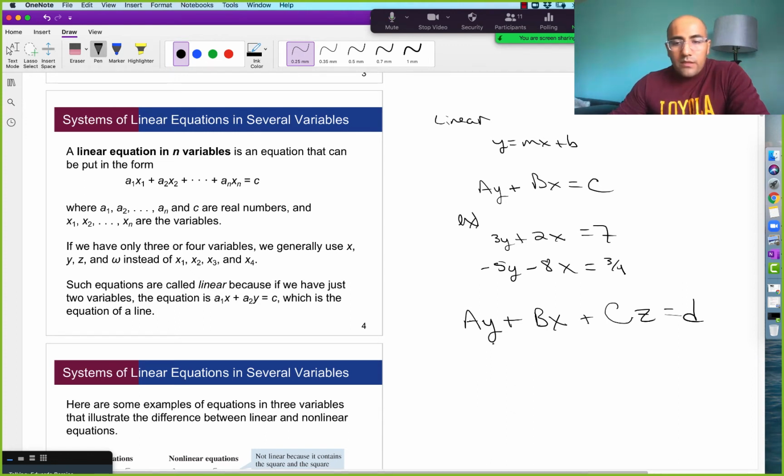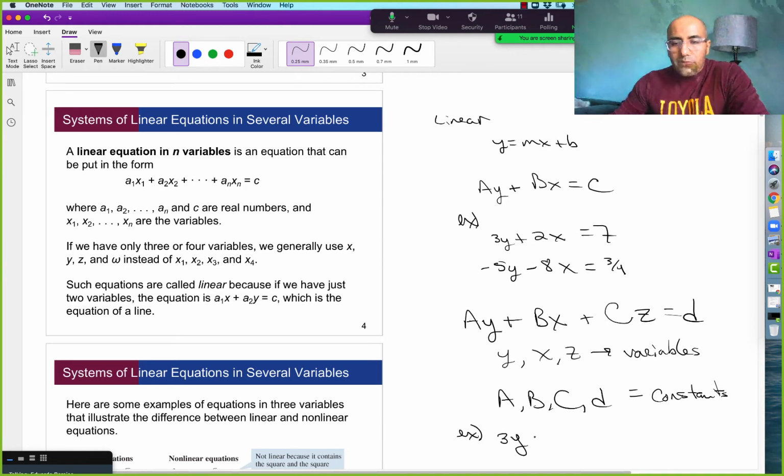Remember the y, the x, and the z are variables, whereas the capital A, the capital B, the capital C, and lowercase d are constants. An example would be 3y minus 2x plus 4z equals 9.